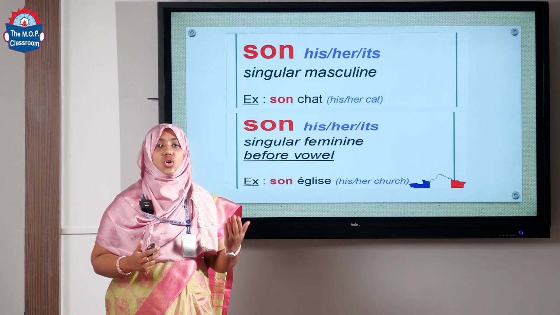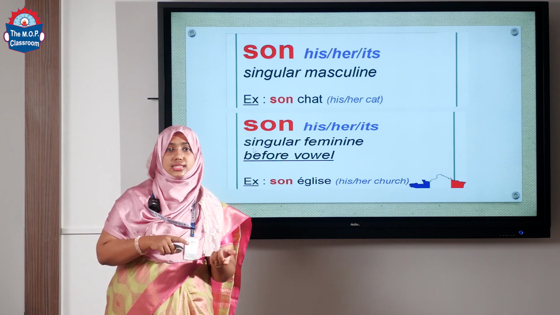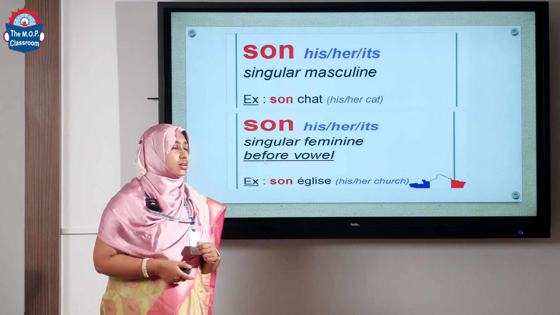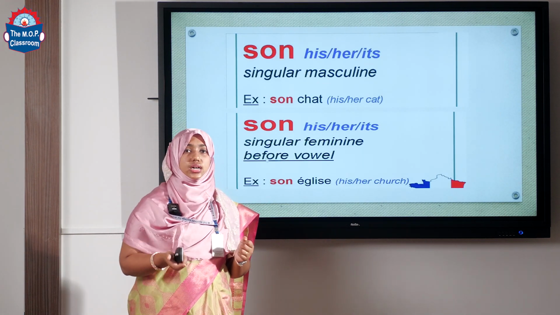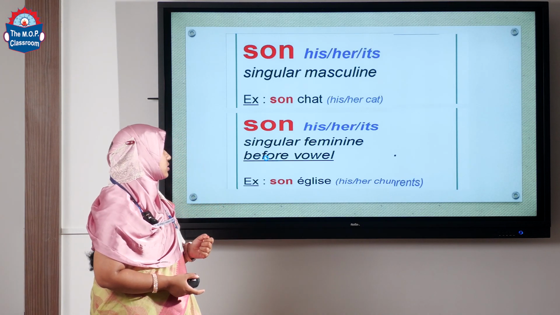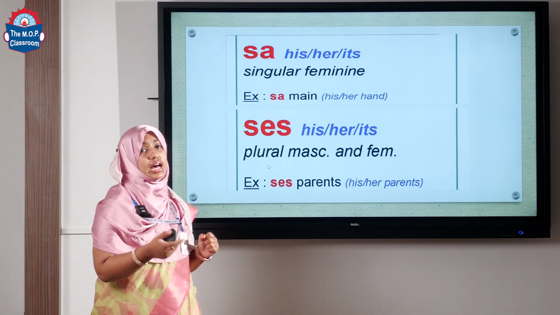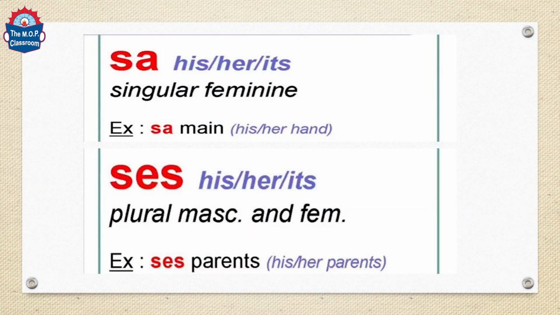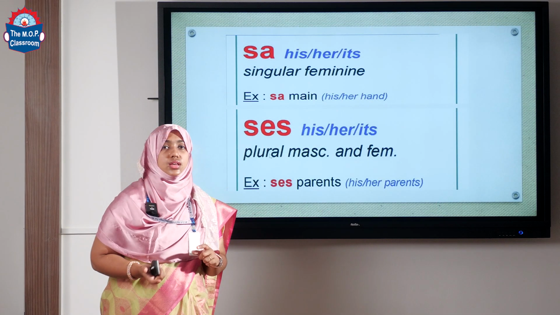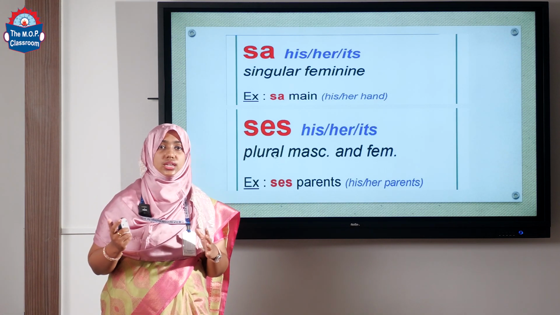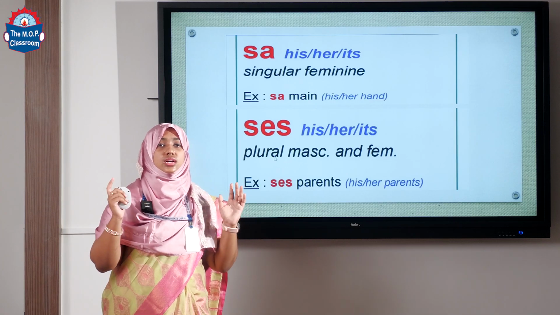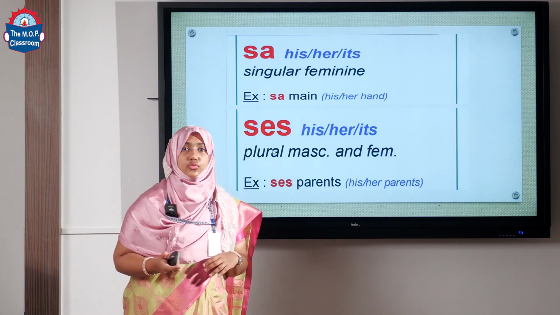Based on the context, we can translate it as his cat or her cat. So next we have son église, his or her church. Then we have sa main, his or her hand. Then ses parents, his or her parents. So only in this context we should not confuse it with the translation. We always have to see the object, whether it is masculine or feminine.